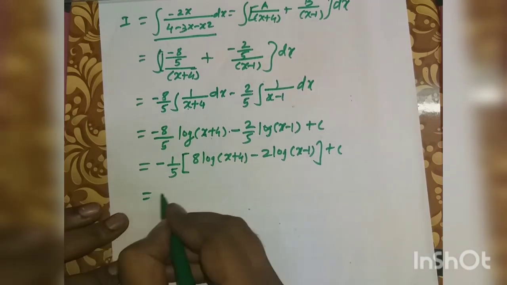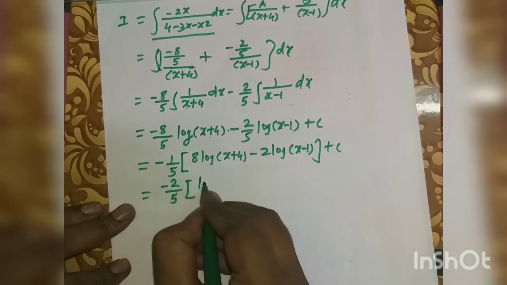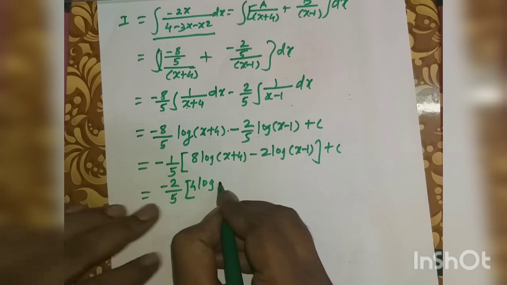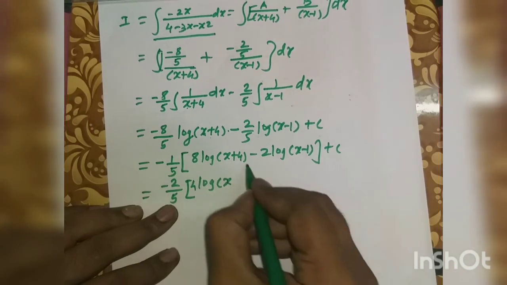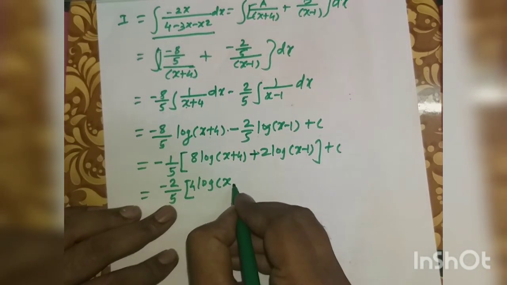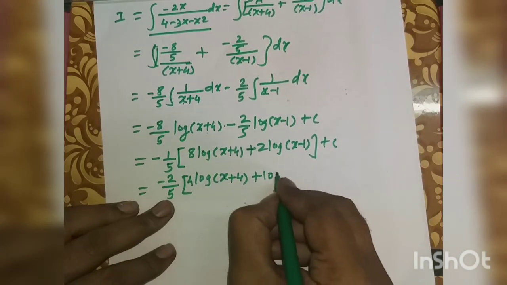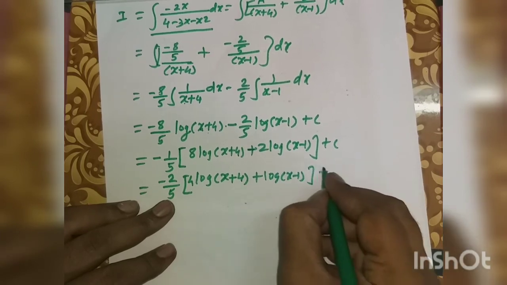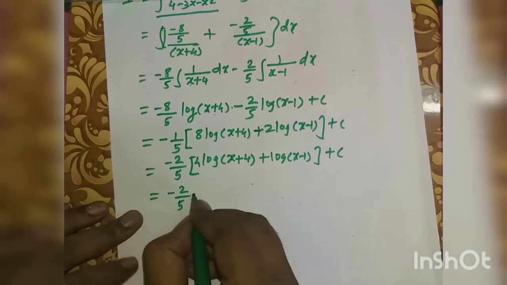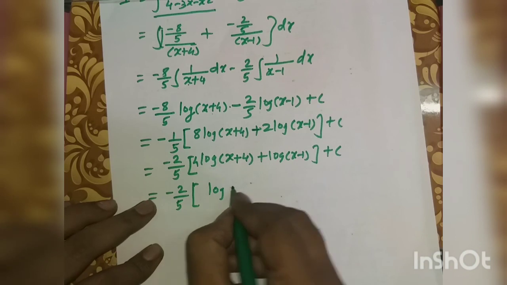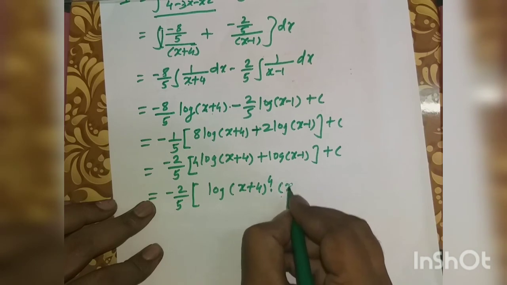Again take 2 common, minus 2 by 5 bracket 4 log of x plus 4, plus log of x minus 1, plus constant c is equal to minus 2 by 5 into log of x plus 4 raised to 4 into x minus 1.